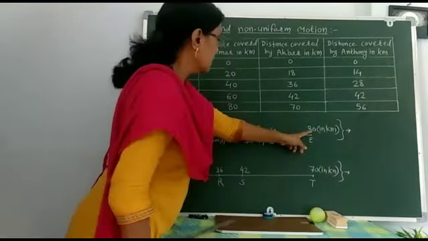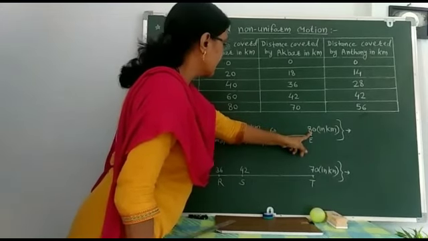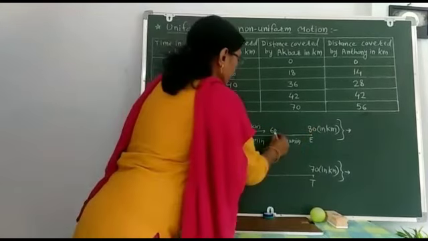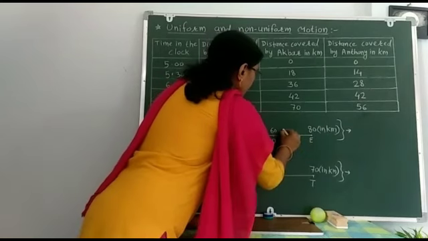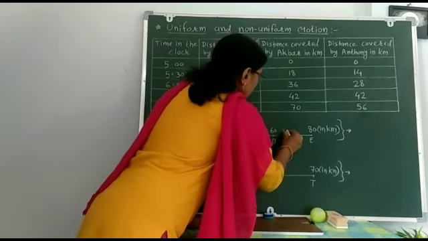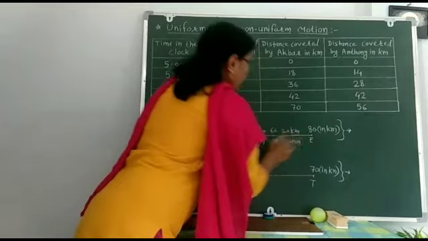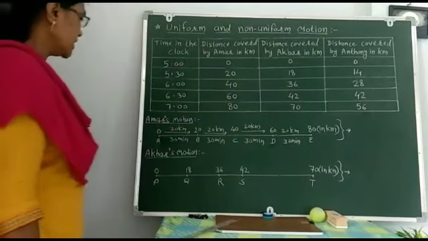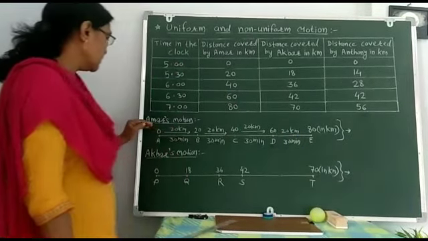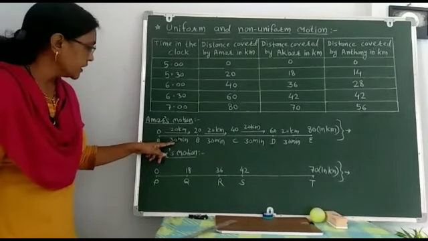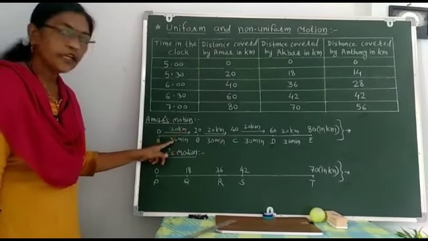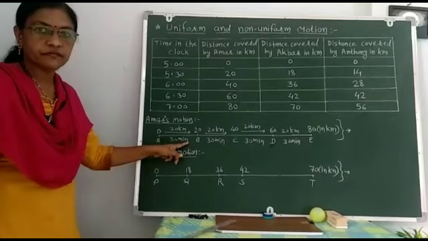At point E the traveled distance is 80 kilometers. So from D to E he covers the distance 20 kilometers. This diagram shows Amar travels equal distance in equal time interval.